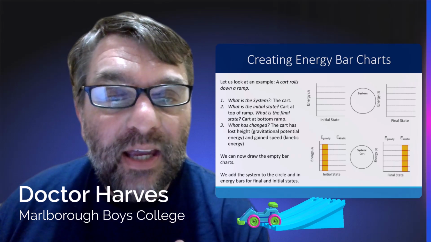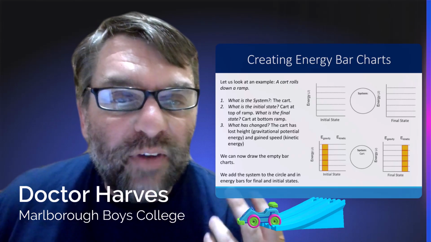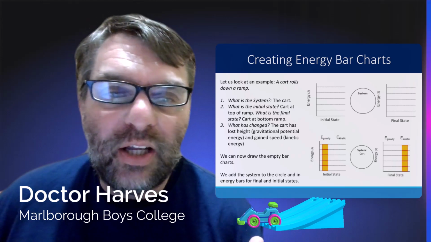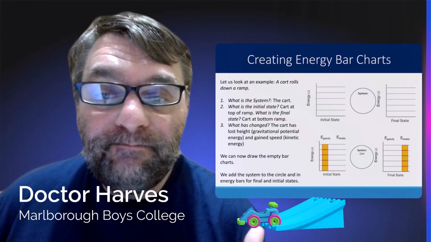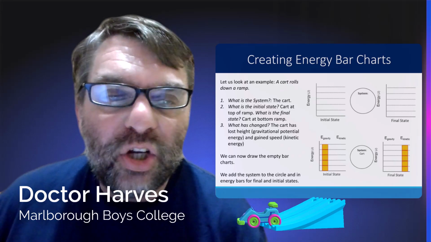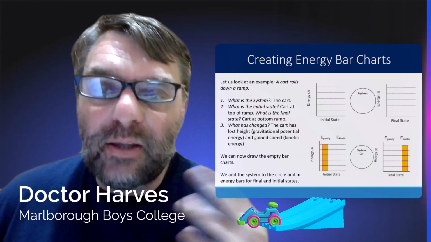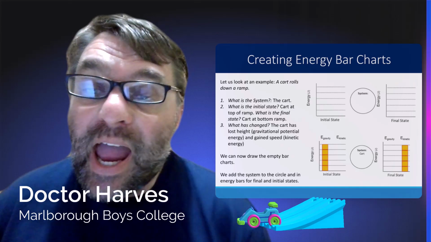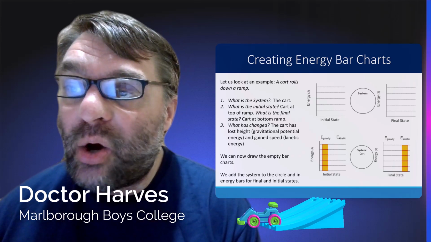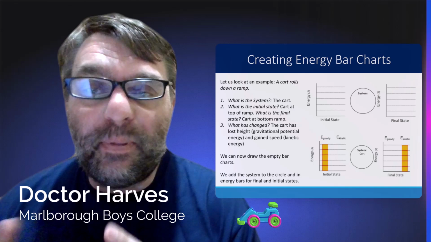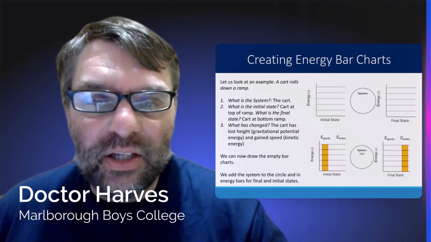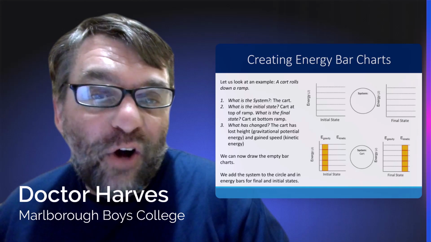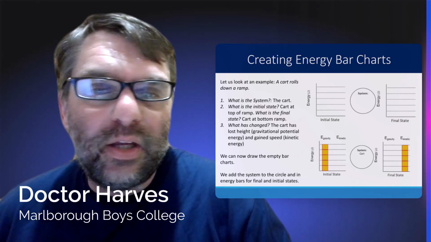And you can see that the amount of energy in joules of the gravitational potential energy initially equals the amount of kinetic energy after the process has occurred of it falling down and losing that height. And the system, which goes in the O, is going to be the cart itself. And that's an LOL. So it shows you the final and initial states and also the system.